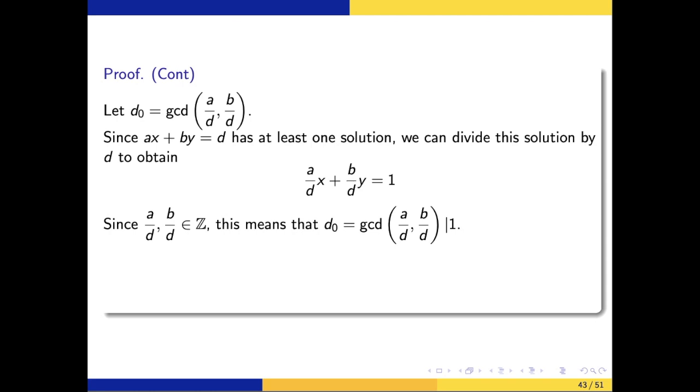Because the GCD of a upon d and b upon d divides every linear combination of a upon d and b upon d. But d naught is a natural number, and by one of the lemmas that we previously discussed, d naught must in fact be 1.